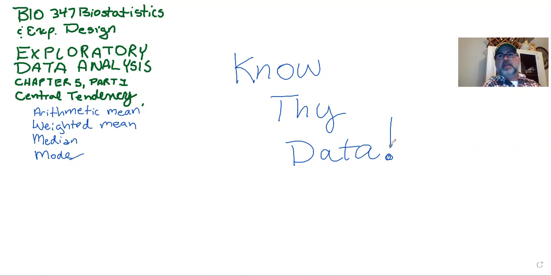If you're given health data, you should know what are reasonable numbers for something like heart rate. So is a heart rate of 35 normal? Is a heart rate of 72 normal? Is a heart rate of 120 normal? Right? So understand your data. All right, let's get started with the lecture.